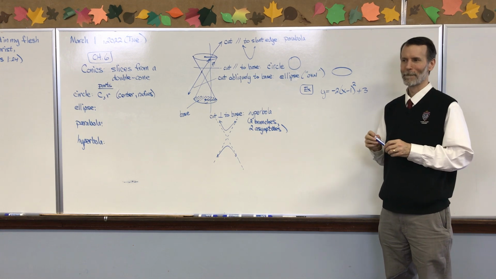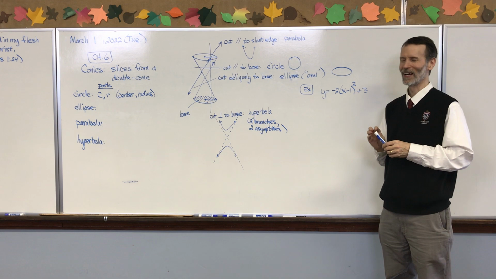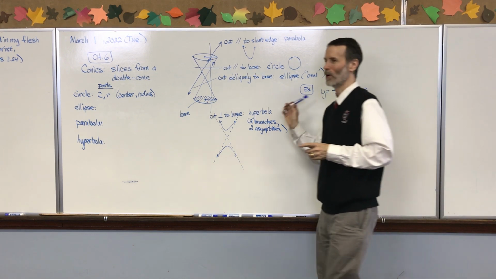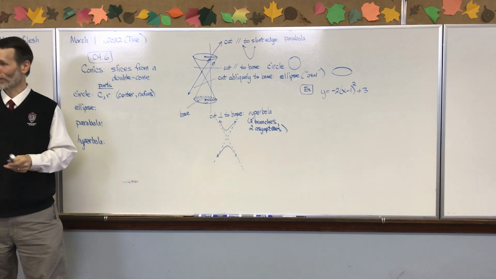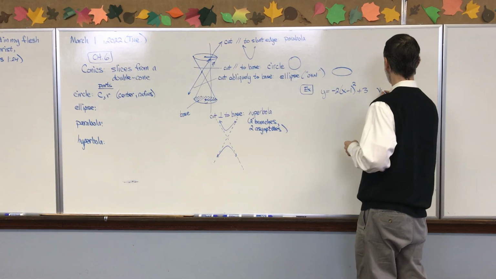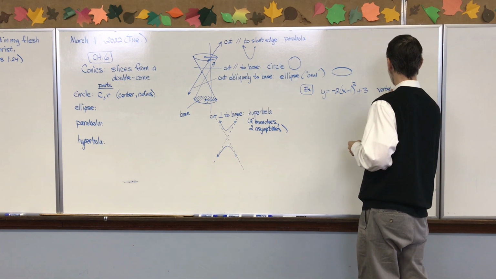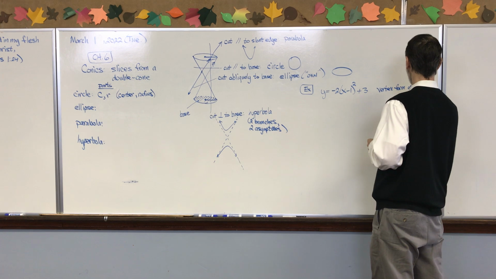Name. What form does this parabola have? There are 3 forms we covered. It is vertex form. Good. This is vertex form of a parabola.